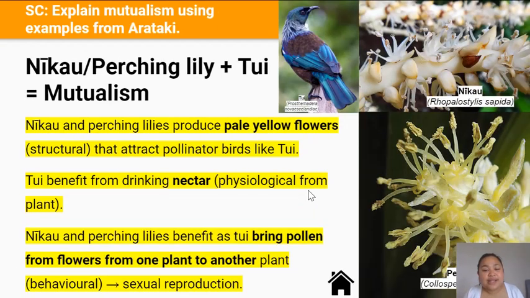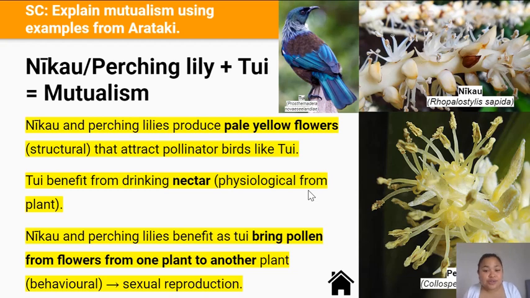And what about the relationship between perching lily, Nico, and the tui? That's mutualism. Nico and perching lilies produce pale yellow flowers. That's a structural adaptation that attracts pollinator birds like tui. Tui benefit from this relationship by drinking the nectar. They don't care about the pollen, they want the nectar.